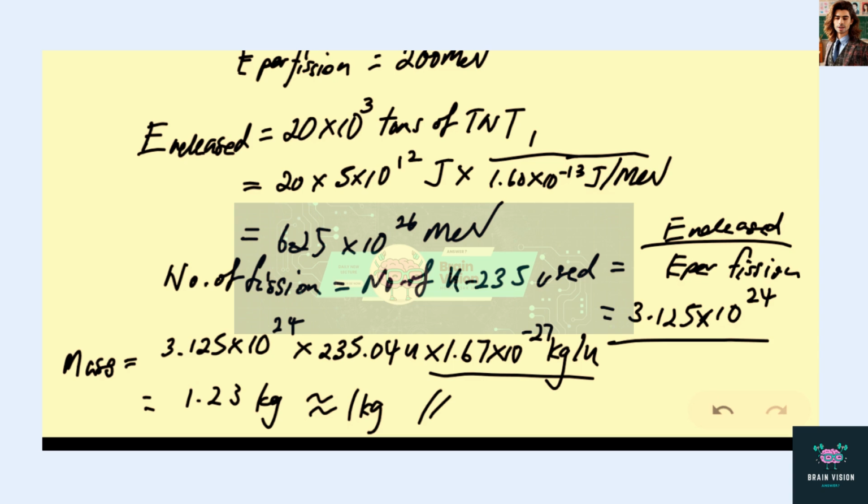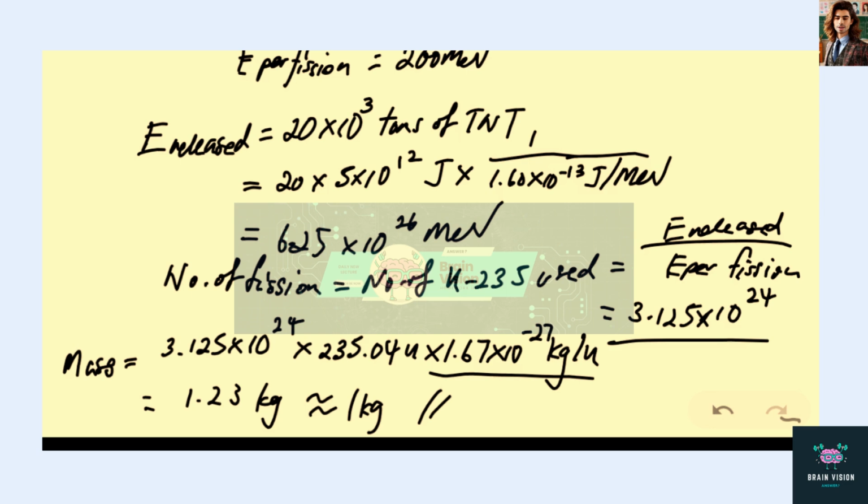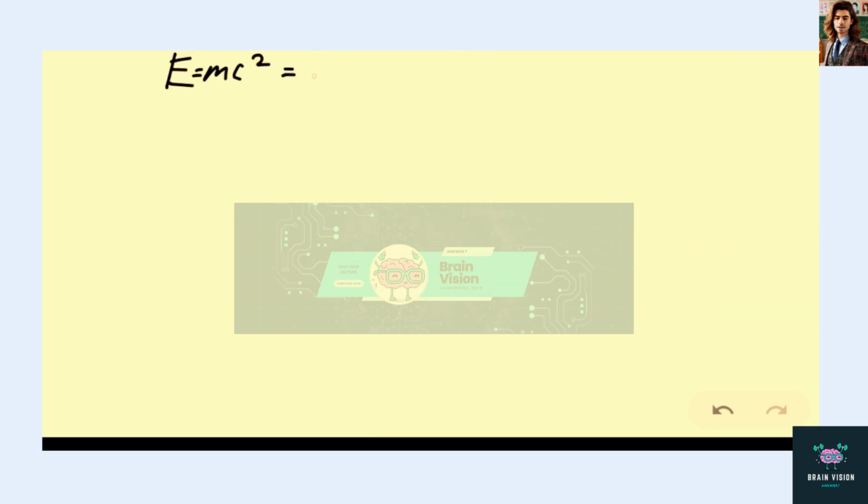Now, what was the actual mass that was converted to energy? We're going to use the equation E equals mc squared. Since we already are given the energy is equal to the energy released, right? Previously we found over here 6.25 times 10 to the power 26.